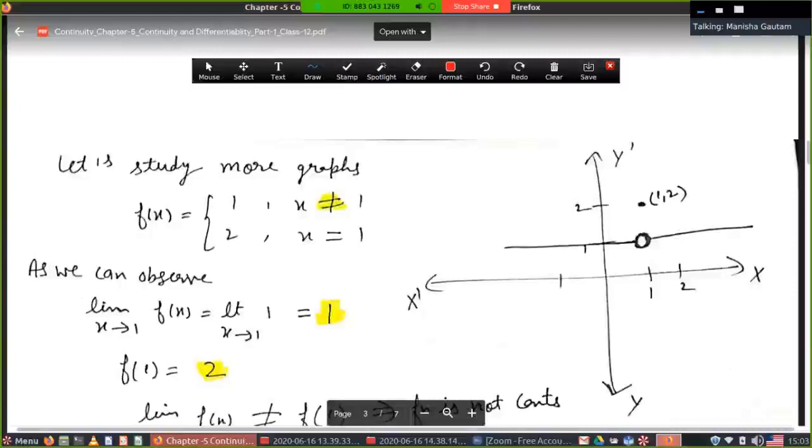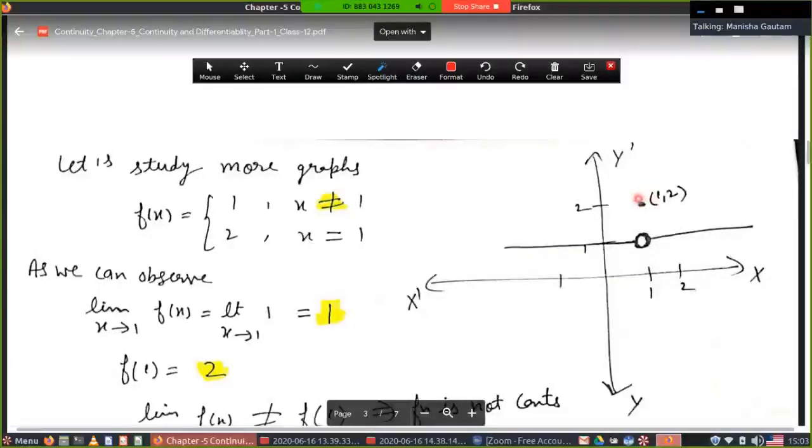Plot the line, this one. And at x is equal to 1, y is 2. Here, this one point.